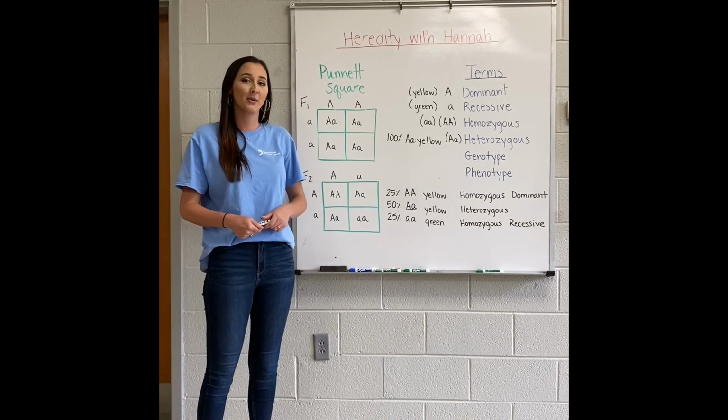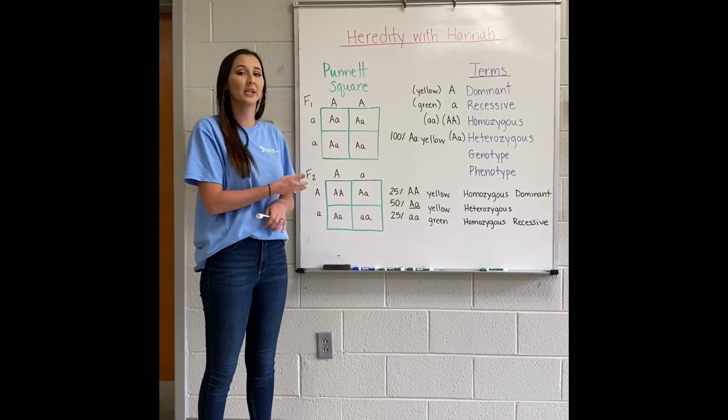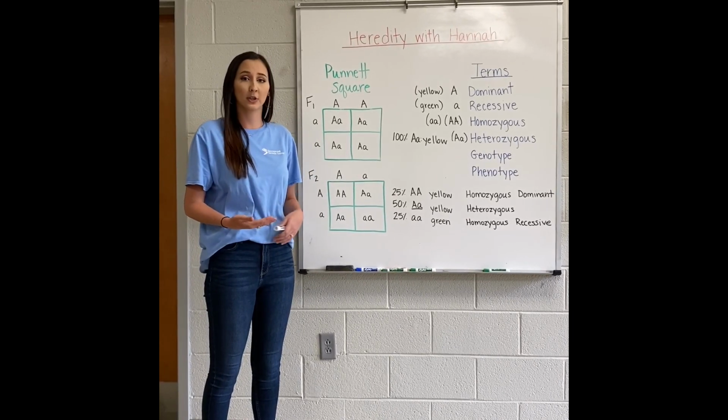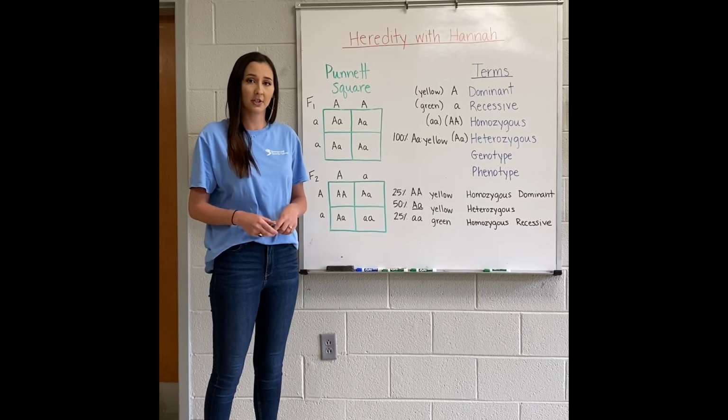So when talking about heredity, Punnett squares are a simple tool that we can use to determine the probability of certain traits being passed down to future generations.